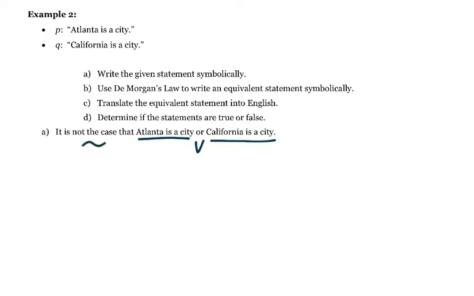So we have a negation of the statement P or the statement Q. So to write that symbolically, that's going to be negation of P or Q. We know that that's equivalent to the negation of P and the negation of Q.